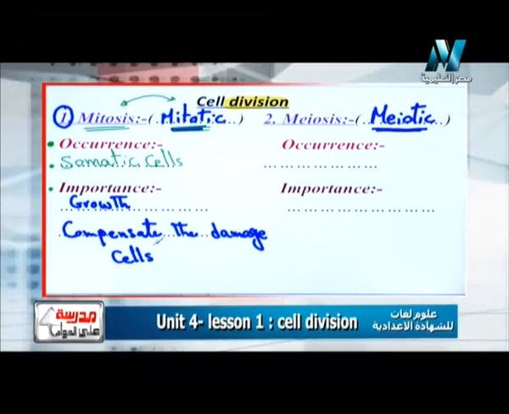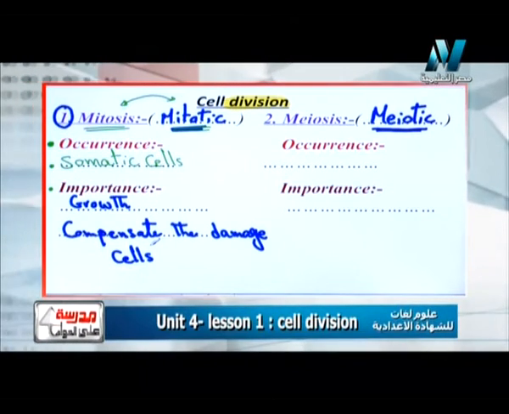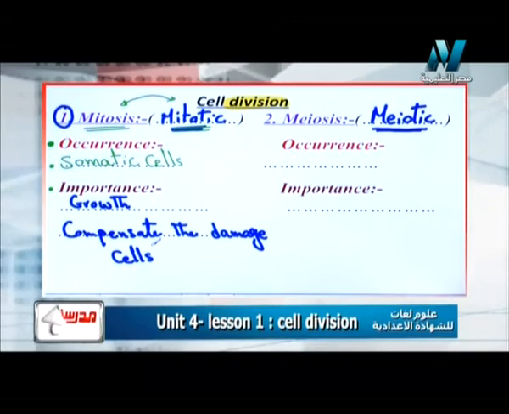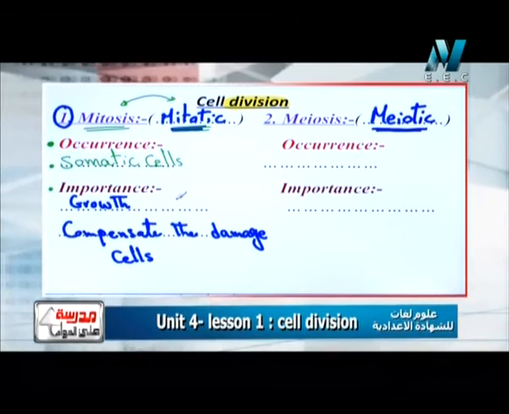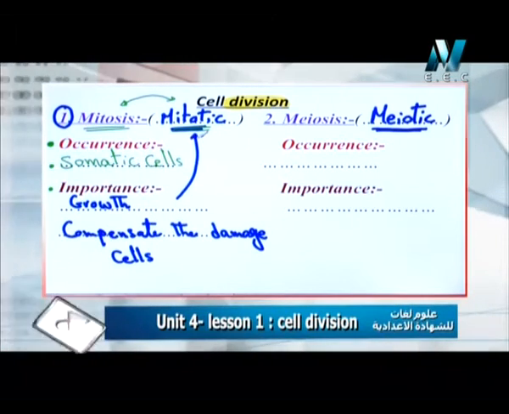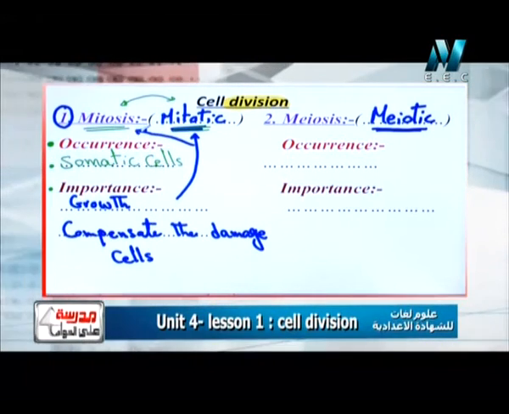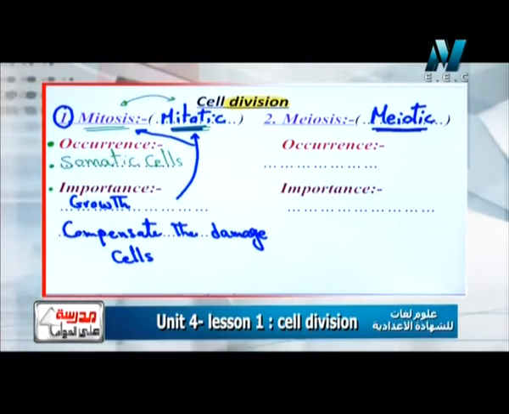If you have any bleeding, these blood vessels or blood cells will compensate, by what? By mitotic or mitosis division. So here we have to know the concept of mitosis cell division.